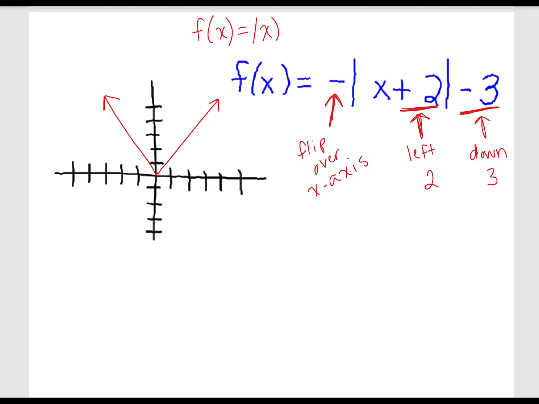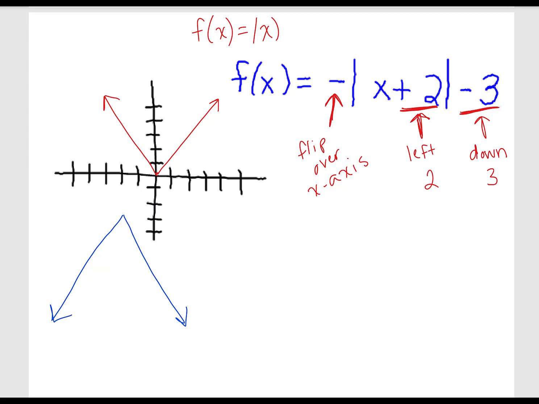So I always look at the origin if there's a point there, which in a lot of these basic functions we see that. So shifting down 3, 1, 2, 3, then shifting left 2, 1, 2, and then flipping over the x-axis. So flipping it downward.